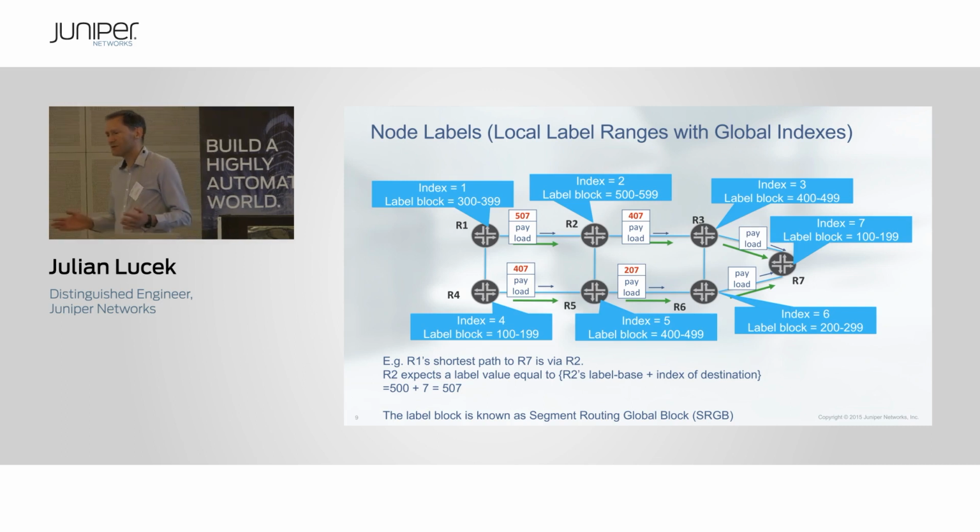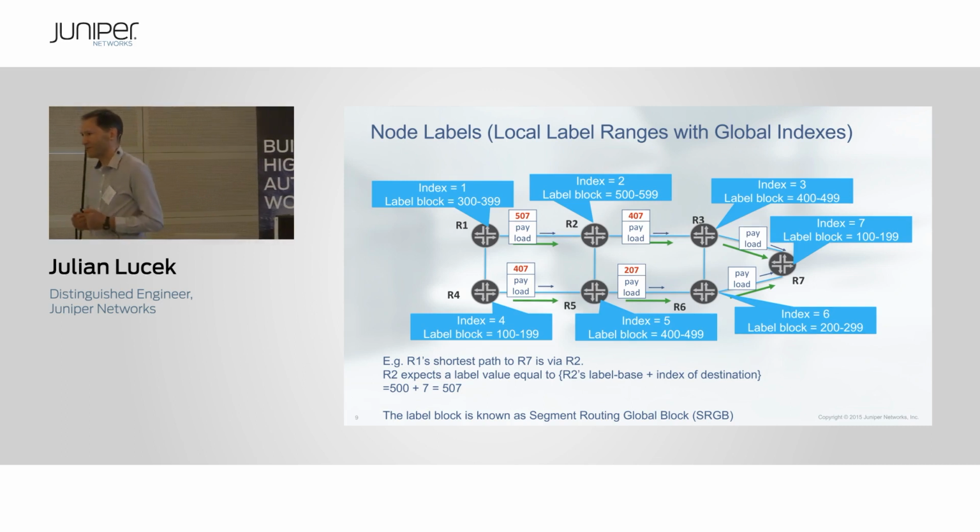Now you might say, well, hang on, LDP has been doing this for the last 20 years, so why do I need to use this instead? LDP achieves a similar thing, shortest path forwarding using MPLS labels. The difference here is that you don't need an extra protocol.